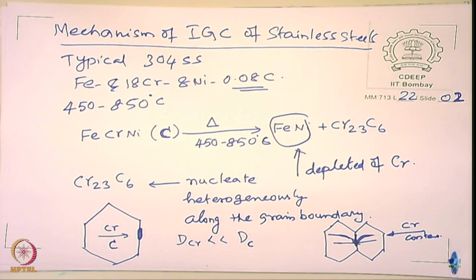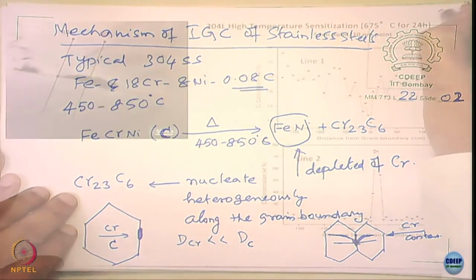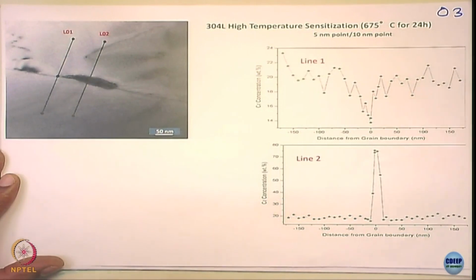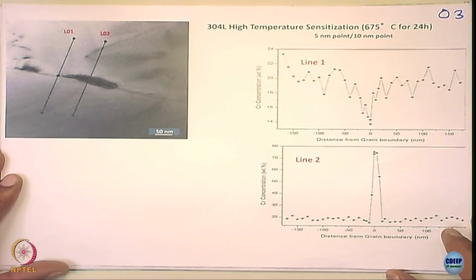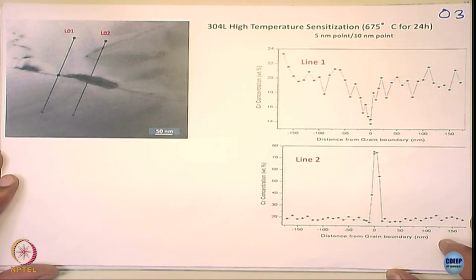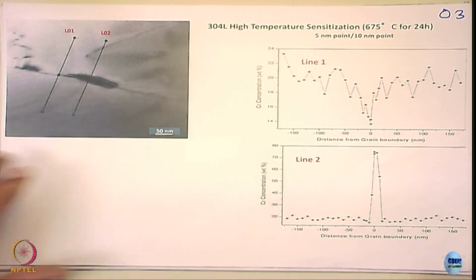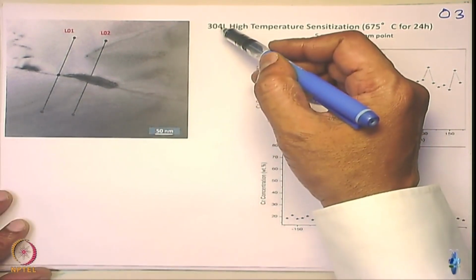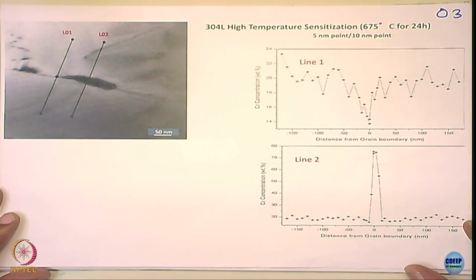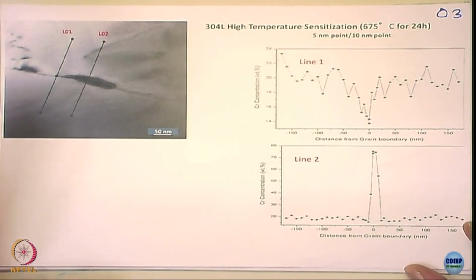Now people have examined it. We in fact also examined this in our own lab. Of course, here please notice it is not a 304, it is a 304L actually. The 304L has got low carbon. We will talk about the story a little later.